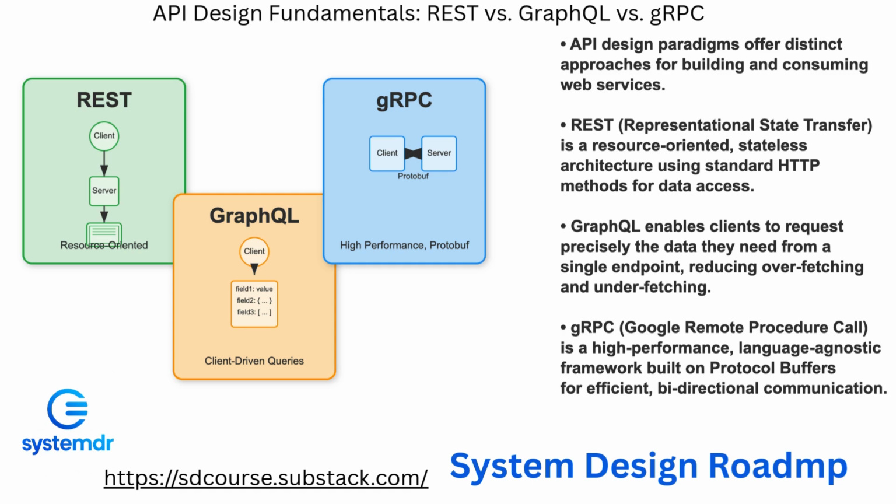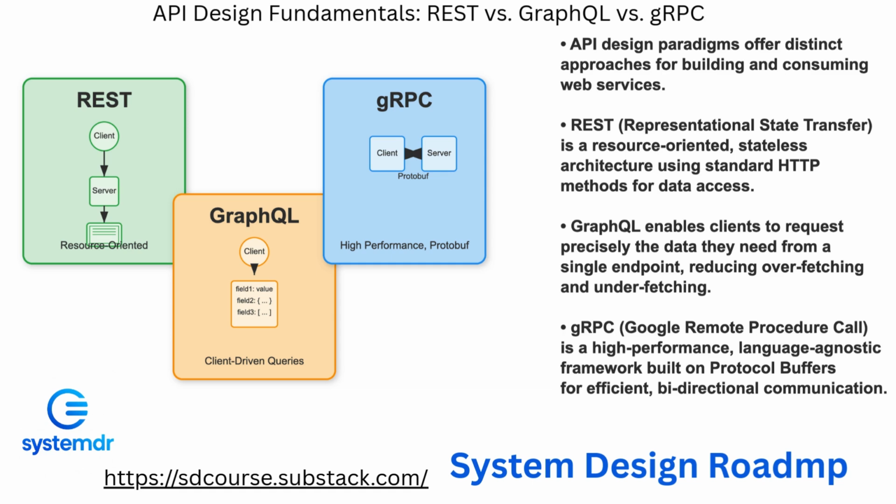In the diagram titled Strategic API Architectural Choice, you can see just how critical this decision is for your entire application ecosystem. Today, we're going to explore the three dominant API paradigms: REST, GraphQL, and gRPC.